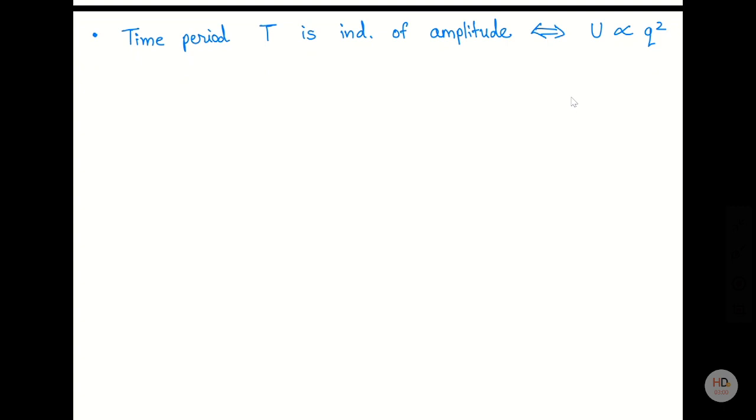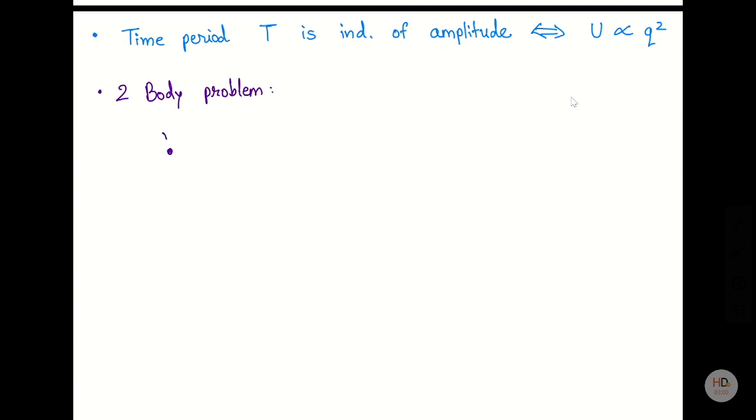And then we started with the two body problem.